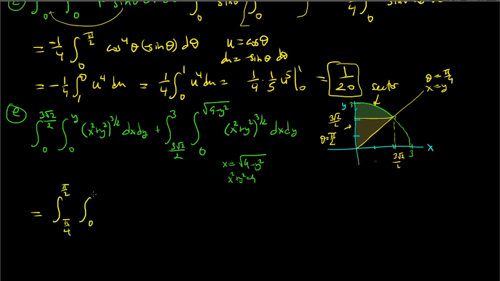And then r goes from 0 to 3. And the quantity we're integrating here is just r cubed. But remember, in polar coordinates, the Jacobian is r dr d theta. So that's my dx dy here. So it's really going to be r to the 4th, which in this case is not much worse.